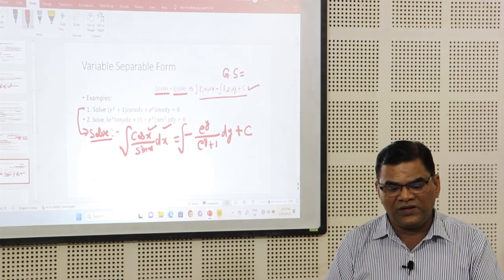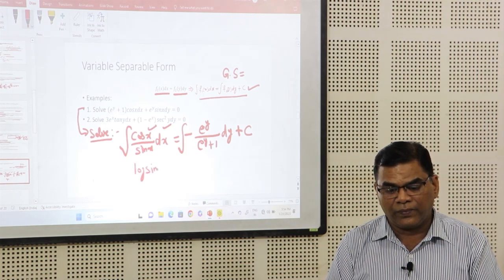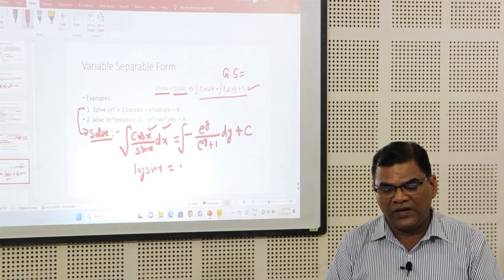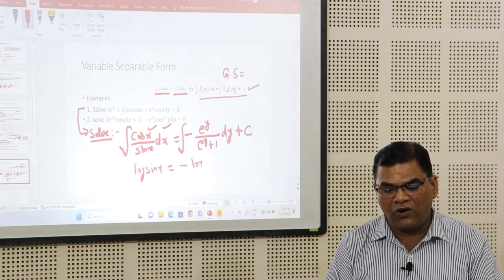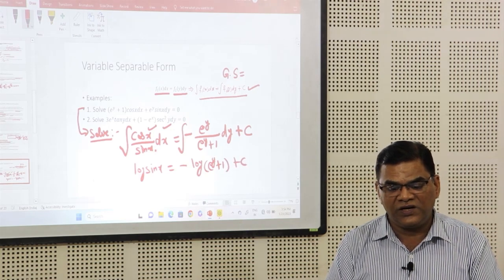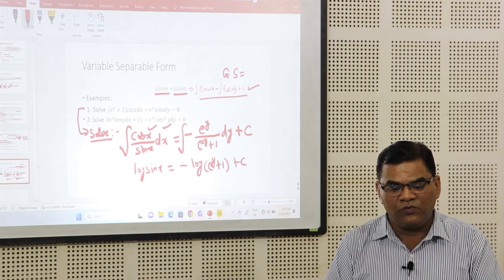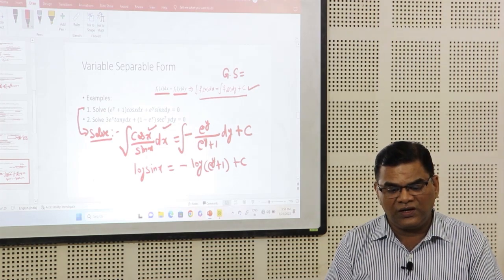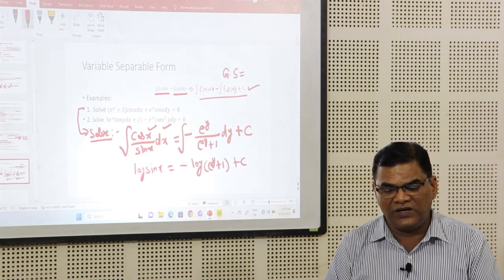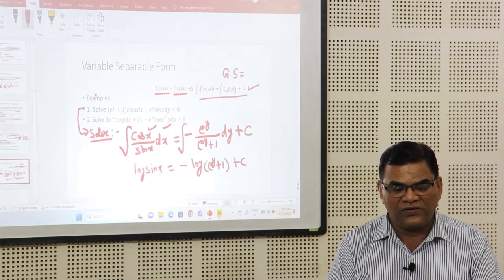Now, we can easily see that the integration of the left hand side term is nothing but log of sin x, is equal to minus, the sign as it is, then log of (e^y + 1) plus the constant of integration, as the derivative of sin x is exactly present in the numerator. So, the integration of f dash x upon f x dx is log of f x.